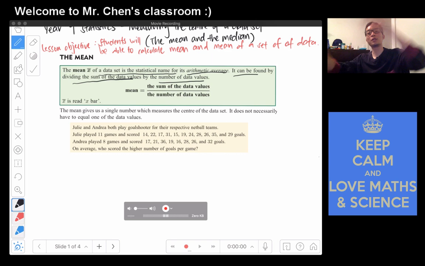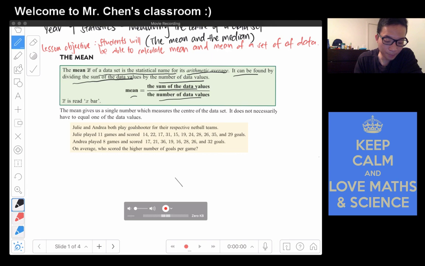Once you add everything up and divide by how many there are, you get the answer. So the formula is mean equals the sum of data values divided by the number of data values.